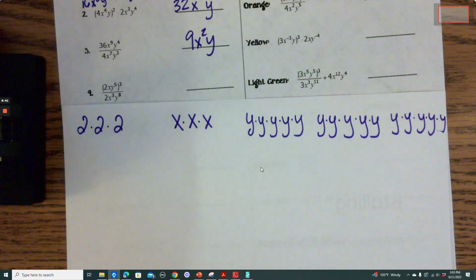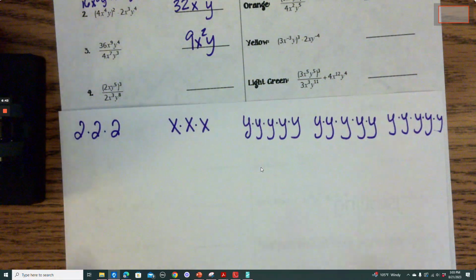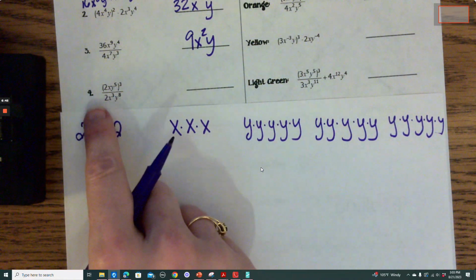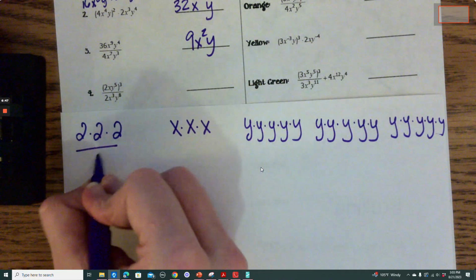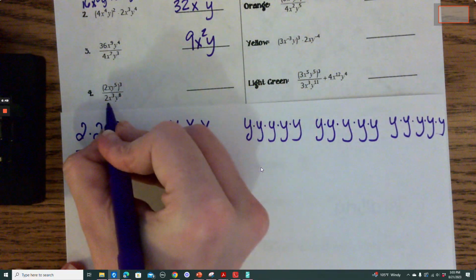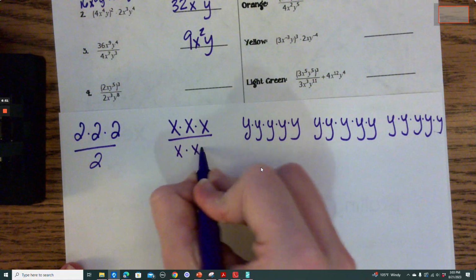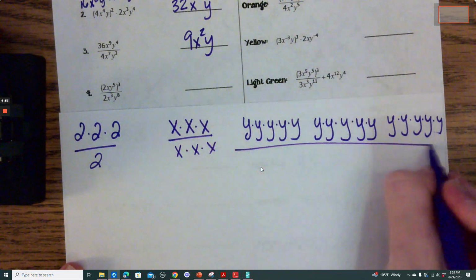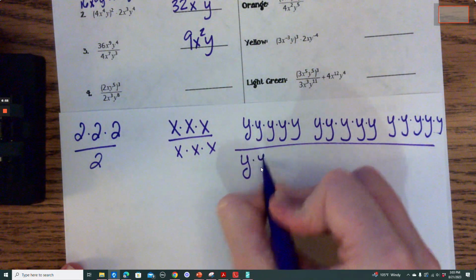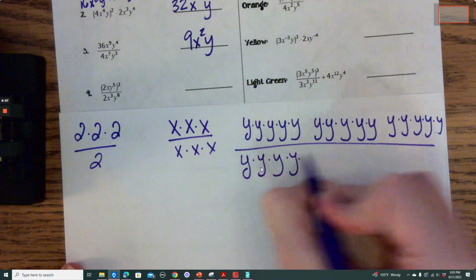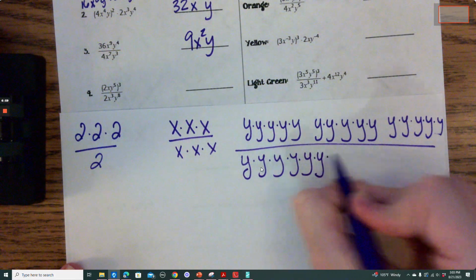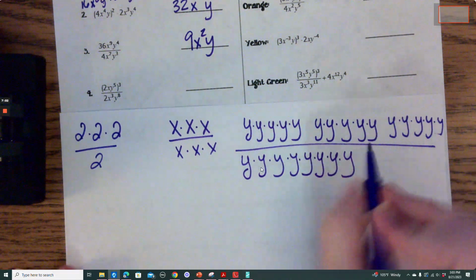So some of them get tedious. There's a lot to do with them. And then the bottom, just match everybody up. So I've got a 2 on the bottom. I've got 3 x's on the bottom. And then I've got 8 y's. 1, 2, 3, 4, 5, 6, 7, 8.